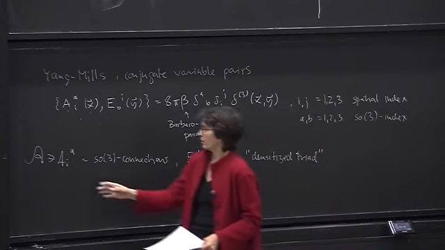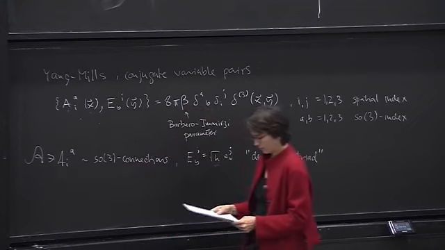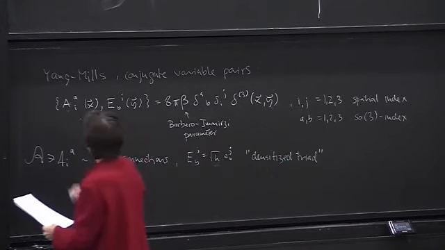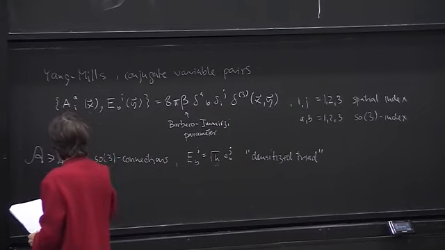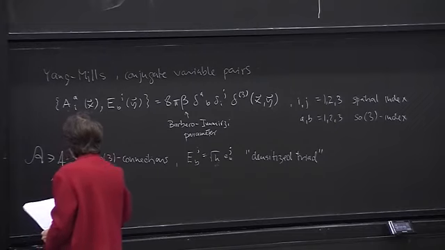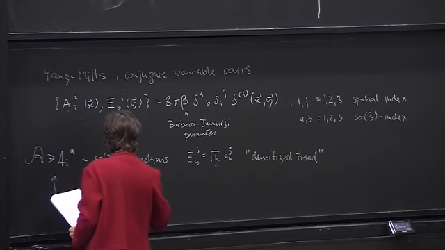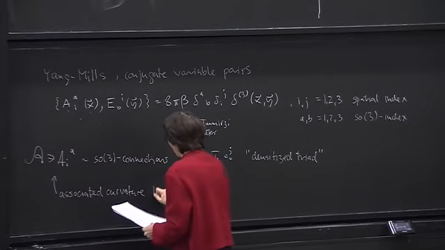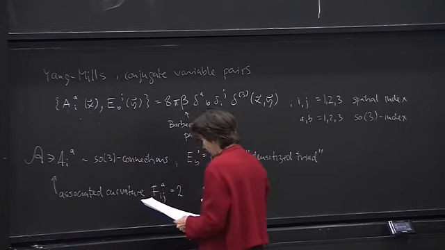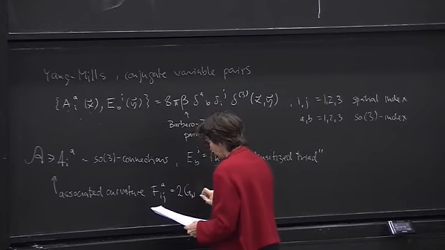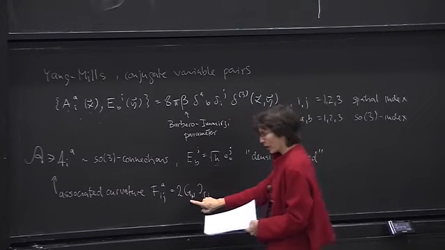Okay, now, this is not a Yang-Mills phase space, because there is an associated curvature with such an A. So here we have an associated curvature F_ij^A, and this is exactly the formula you're used to from gauge field theory, apart from some dimensionful coupling constants floating around.